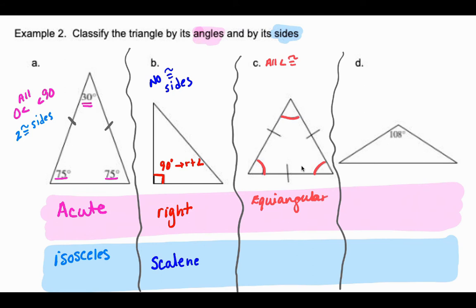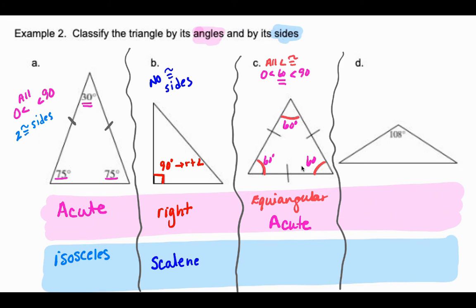If they're all congruent and the sum is 180, divided by 3 equal measures would give us that each one is 60 degrees. And our 60 is between 0 and 90 degrees. So since 60 is between 0 and 90, this is also an acute triangle.